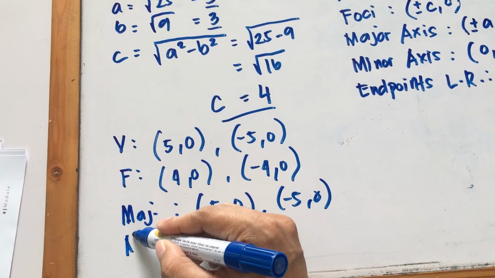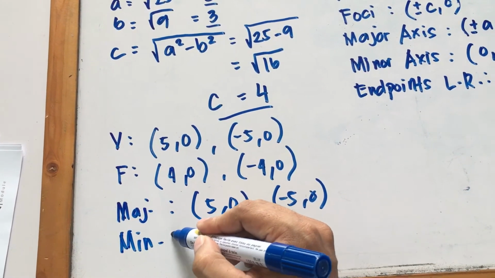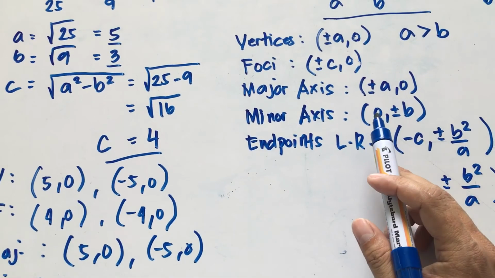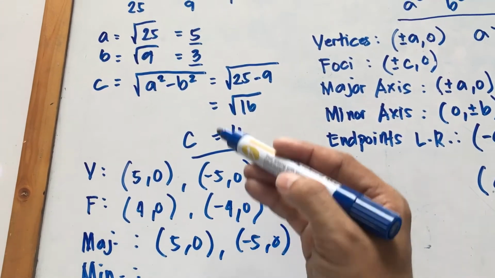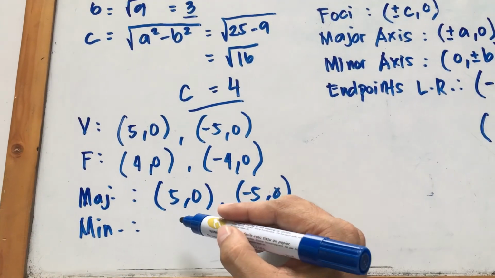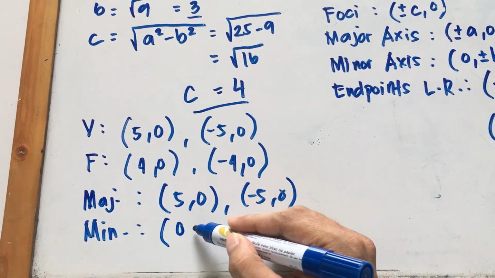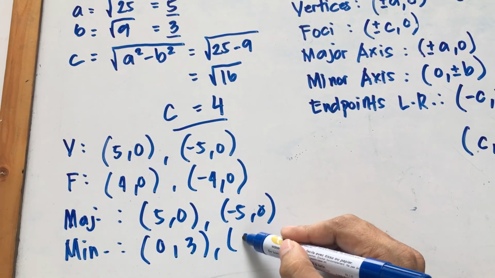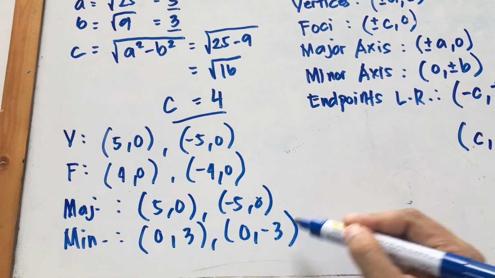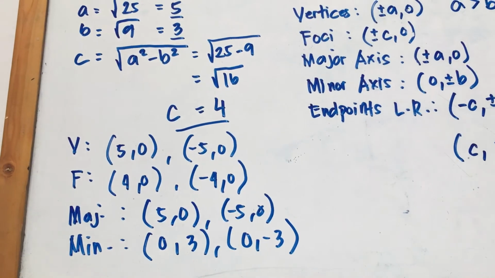While the minor axis is 0, positive and negative B. We all know the value of your B is 3. So you have (0, 3) while the other one is (0, -3). Okay, so please take note of that.